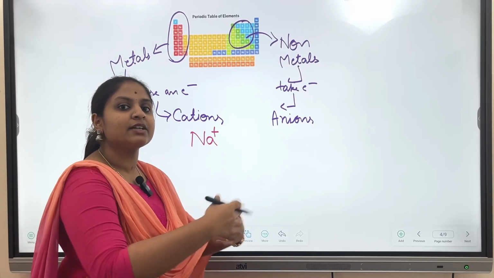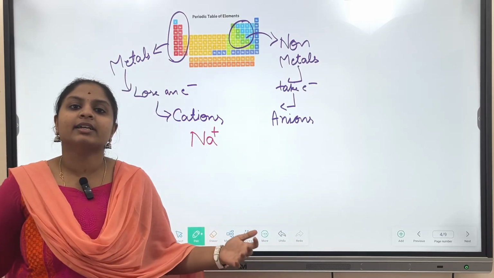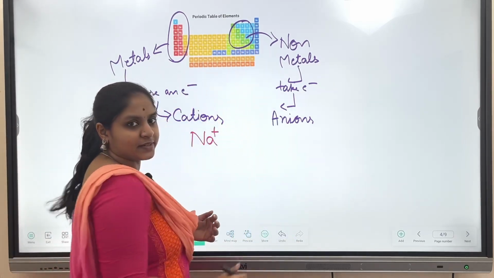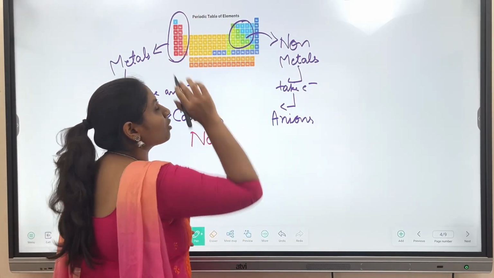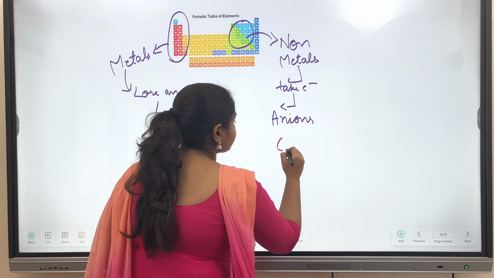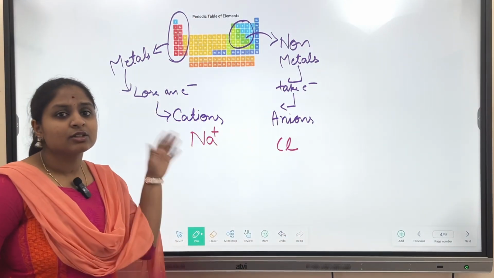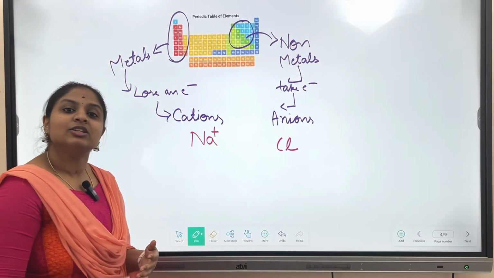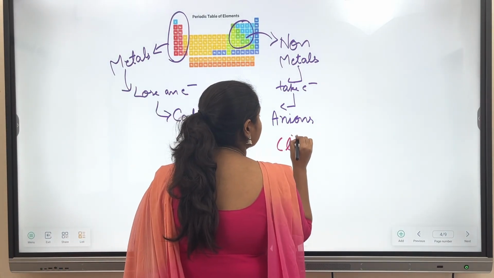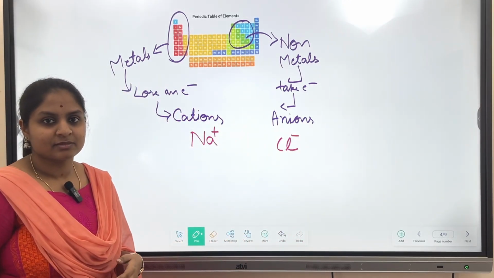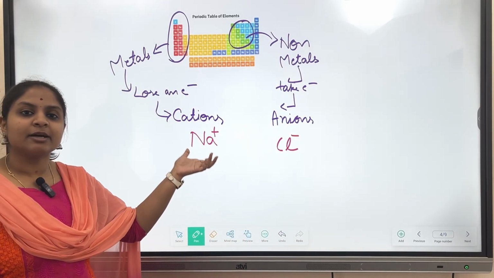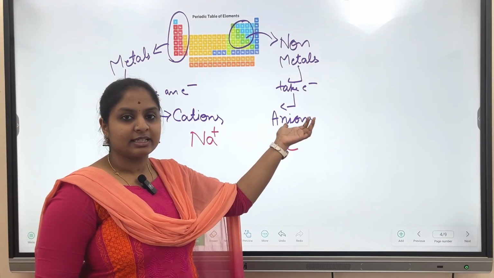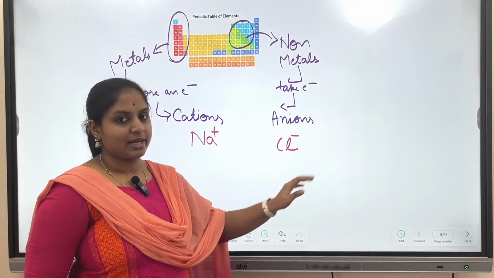When the sodium is giving one electron, somebody else should take it. So one of the non-metals will take it. Let's take chlorine here. Chlorine is one non-metal. So chlorine is taking the electron. He is begging and snatching that electron. So we will represent him with a negative sign. So sodium is an example of a cation, chlorine is an example of an anion, Cl minus.